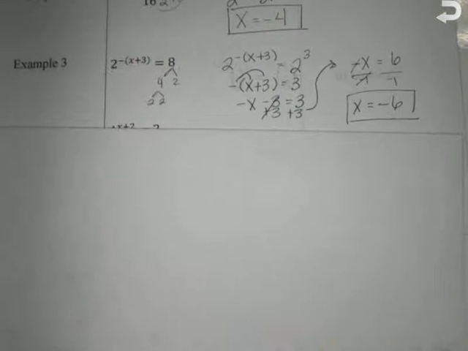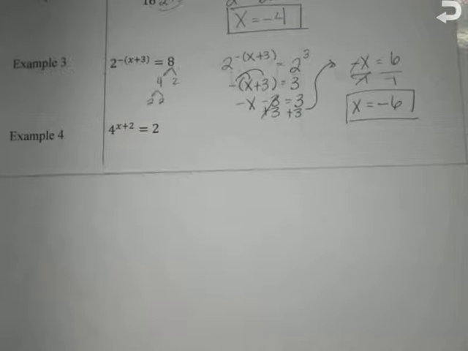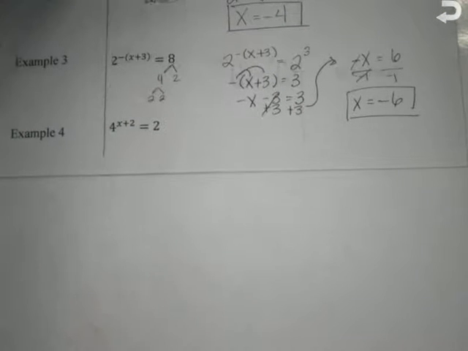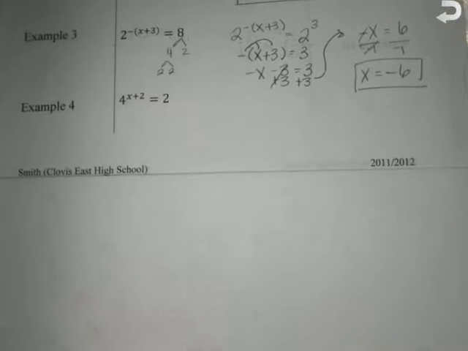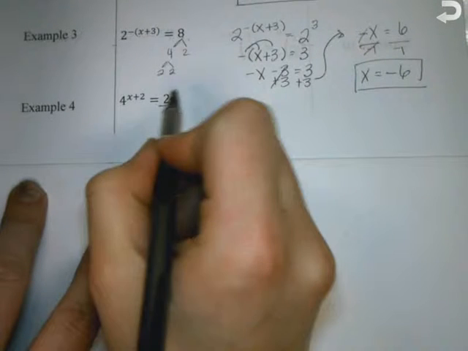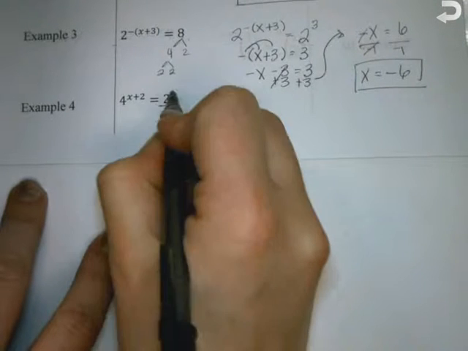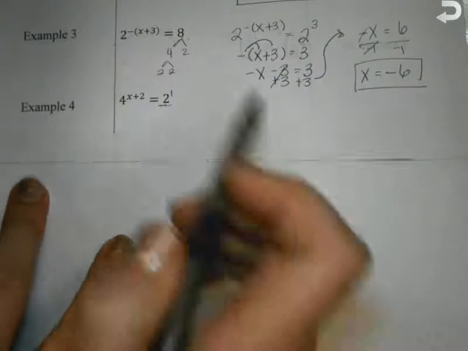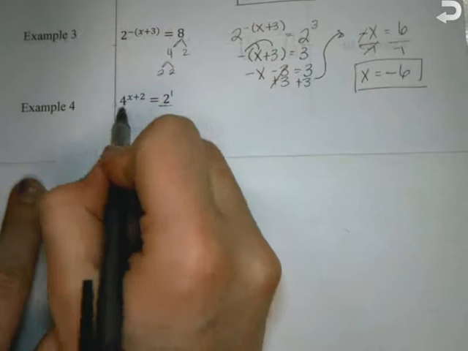Okay, number 4. What do you think my base is going to be? 2, right? A 2 by itself is 2 to the first. And this is a 4. How can we make 4 base 2? 2 squared.